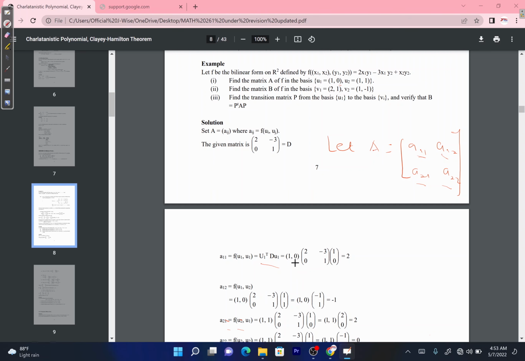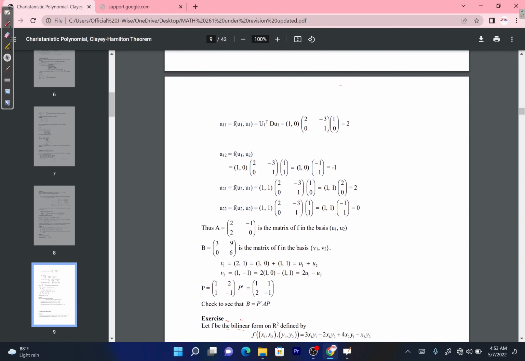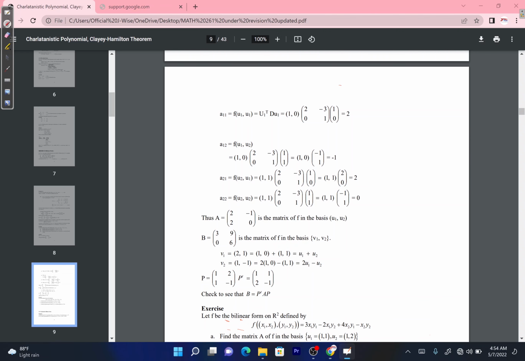When you solve this, you get 2. The same thing applies to A12, which is f of u1 u2, the same as u1 transpose D u2, where u2 is given by 1 1. When you solve this, you get -1.